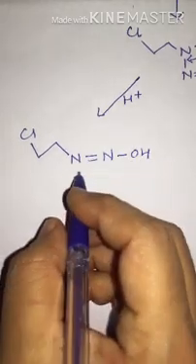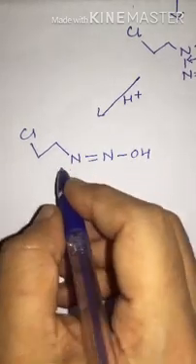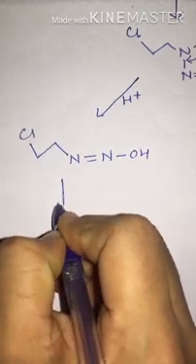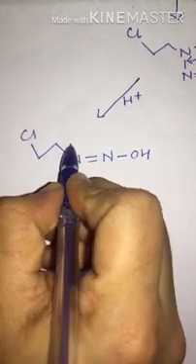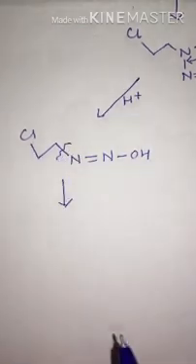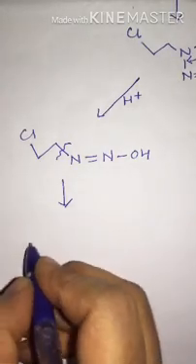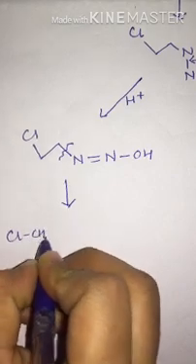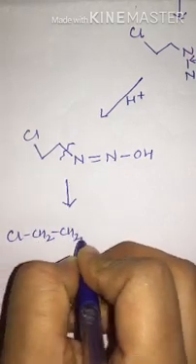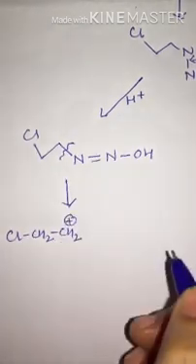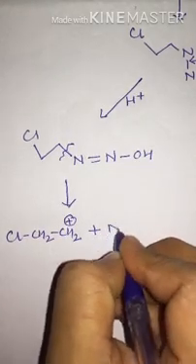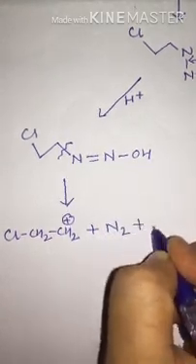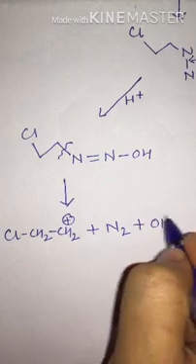This is hydroxide. In the next step, there is a cleavage of this bond. So here then generates a chloroethyl carbocation, then N2 with the liberation of a nucleophile.